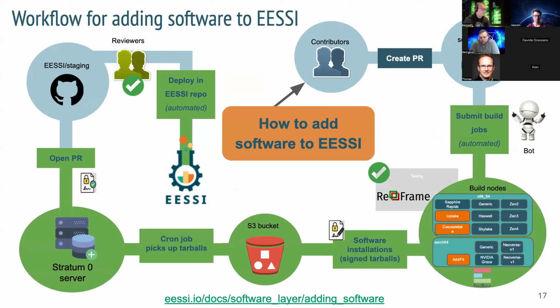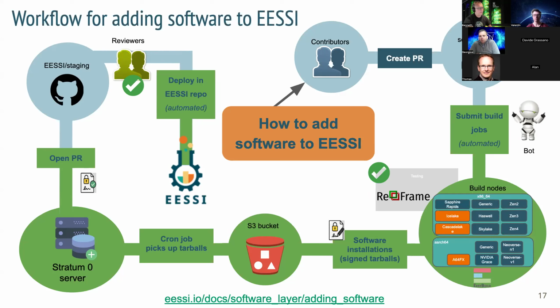We also have a workflow for adding software to EESSI, which is semi-automatic, well, as much automated as makes sense. So we don't manually install additional software into EESSI, but we have bots in place and scripts in place that automate that process as much as possible. We have various checks along the way, either by human reviewers who look into pull requests or automated test suites that verify that everything is working as it should.